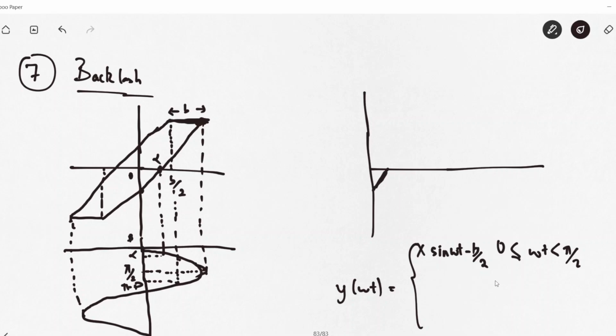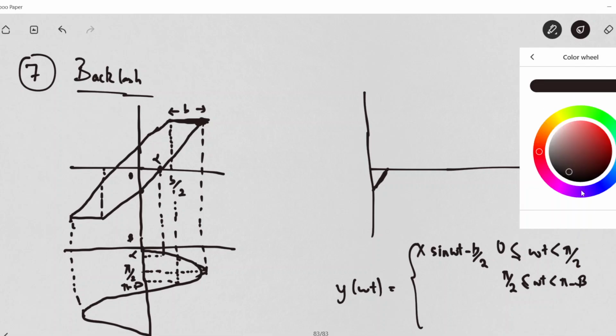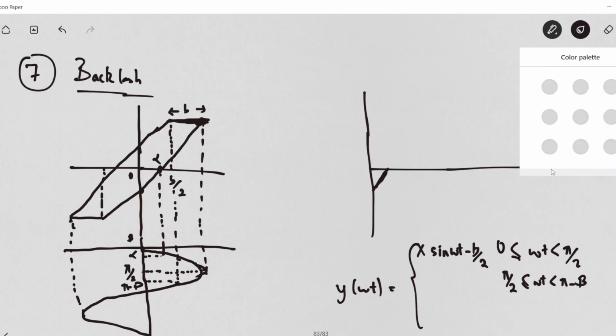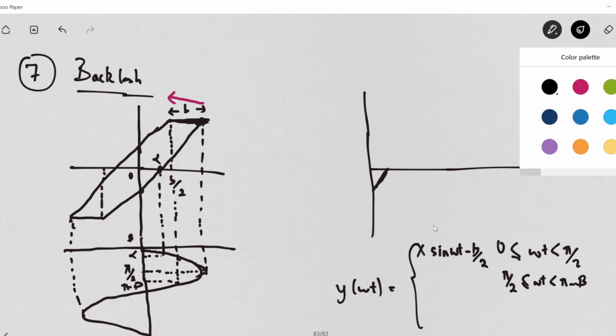From pi by 2 to pi minus beta, now we'll be tracing back this path, and that means actually a linear flat path.